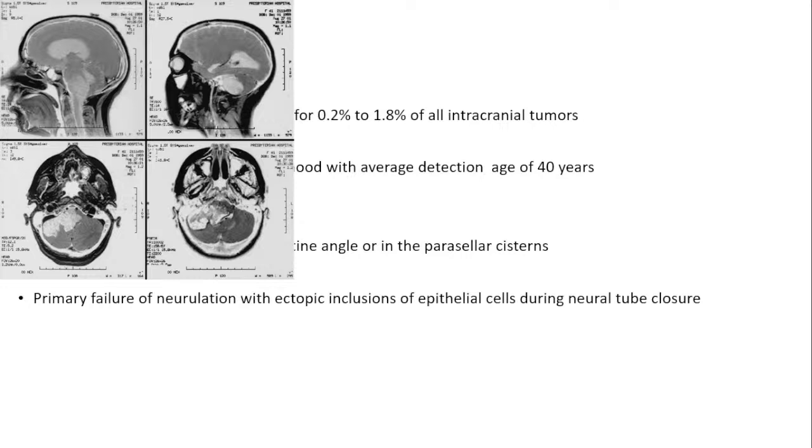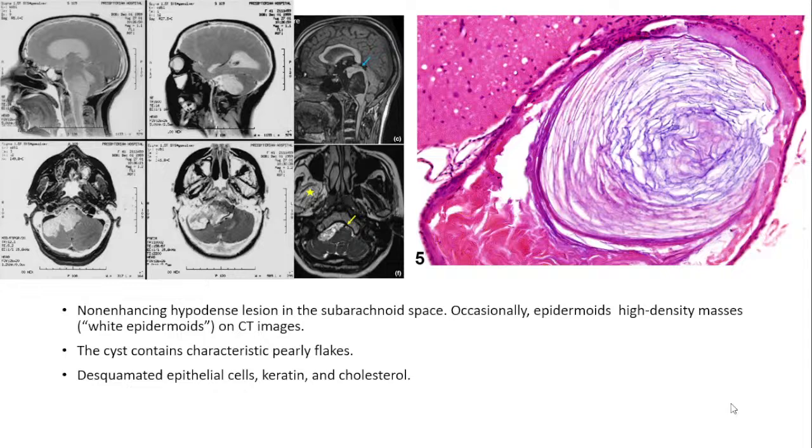Yeah, so the next common lesion basically is the epidermoids, which are usually eccentric. They're not midline. They are usually hypodense on CT scans, sometimes hyperdense, known as white epidermoids. They usually contain pearly white flakes as a result of desquamated epithelial cells, keratin and cholesterol.